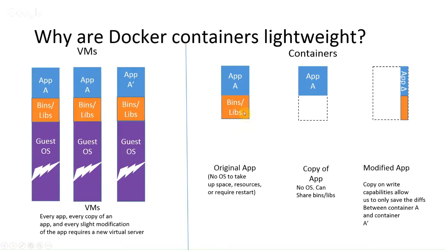But when it comes to a container, as you can see in this image, the original app doesn't take OS space and resources. It just has the dependencies and the application. Even if you take a copy of it, it's just copying the application, and it doesn't copy the host OS part.